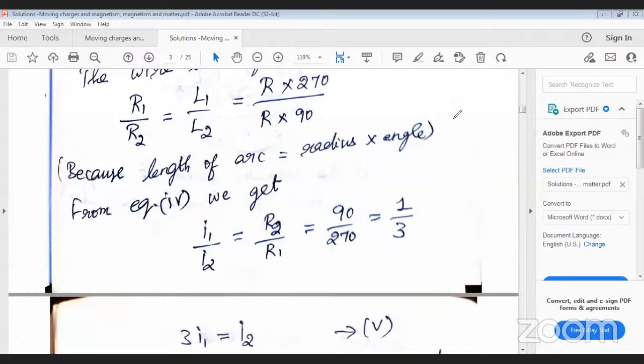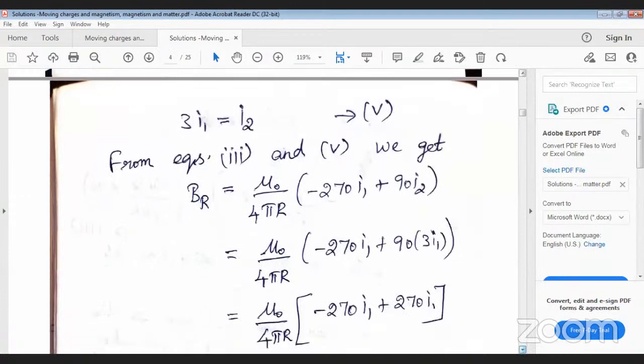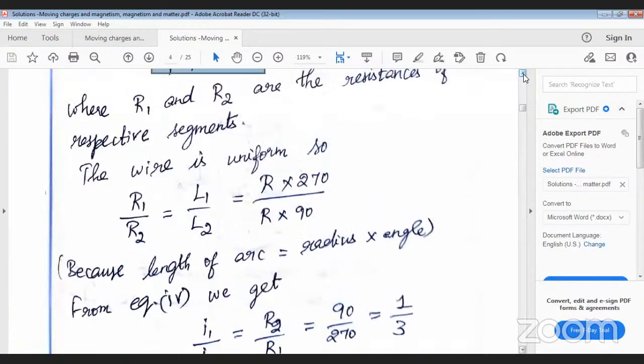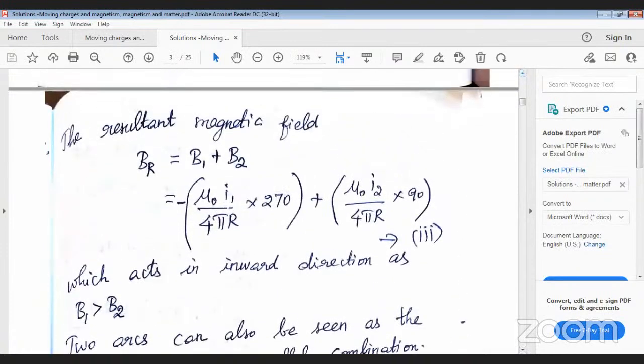So after that, what you have to do is put here B equal to mu naught by 4 pi r within the bracket minus 270 I1 plus 90 I2. How did we get this? Because we have that resultant magnetic field here. So this I1 and I2 we know very well, 3 I1 equal to I2.